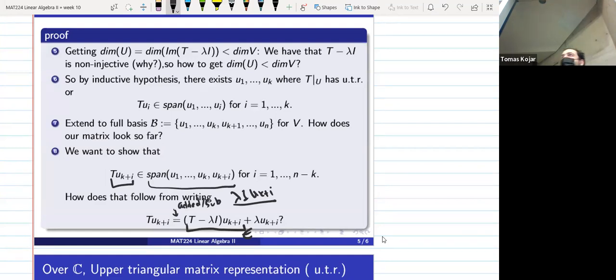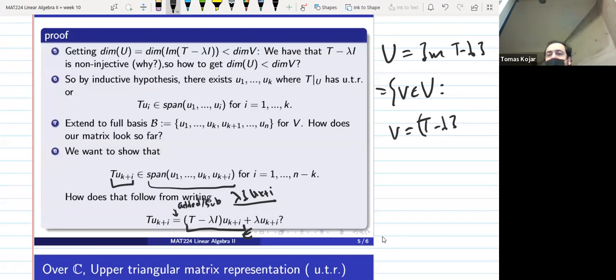So U is the image of T minus lambda I, i.e., these are all the V's in V such that V is T minus lambda I applied to some W. So this guy is in U.